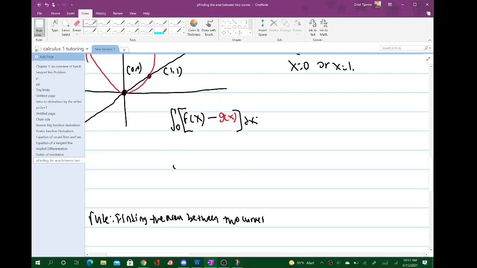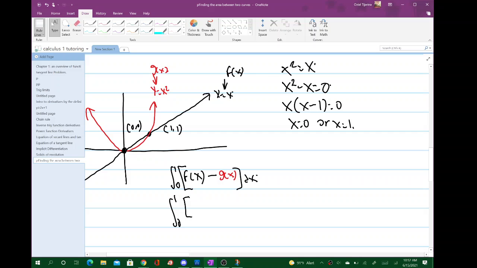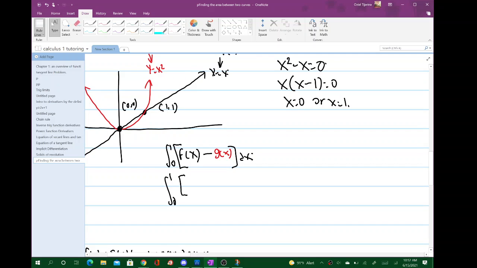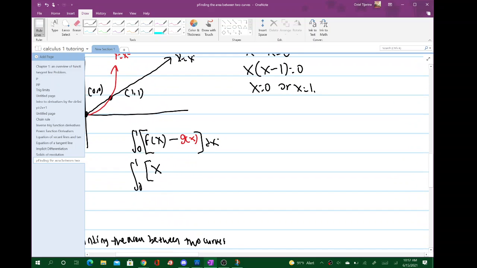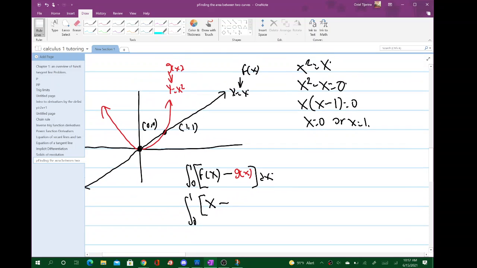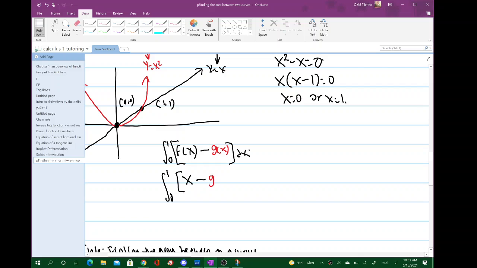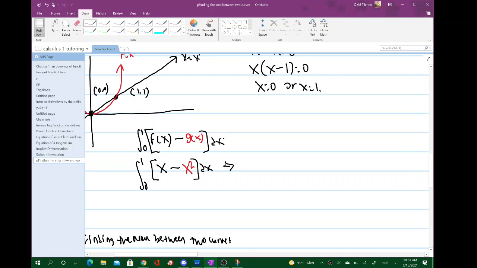So then you would have the integral from 0 to 1 of whatever function f of x is, so it'd be x, that's the top function, minus g of x, which is the bottom function, or x squared, excuse me. And then dx, and this equals the integral from 0 to 1 of x minus x squared dx.